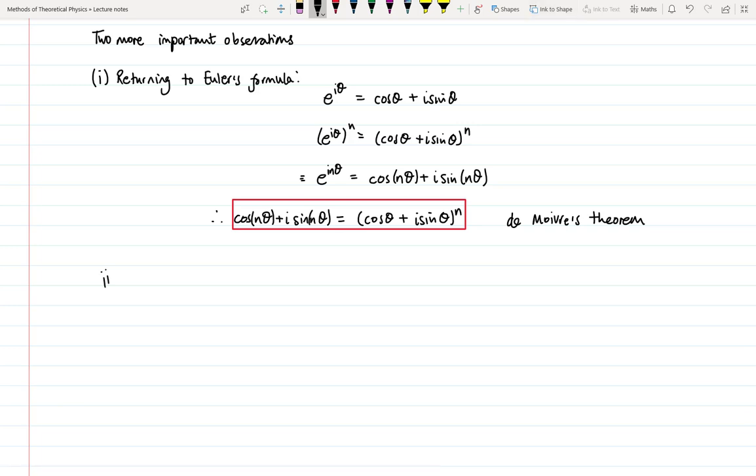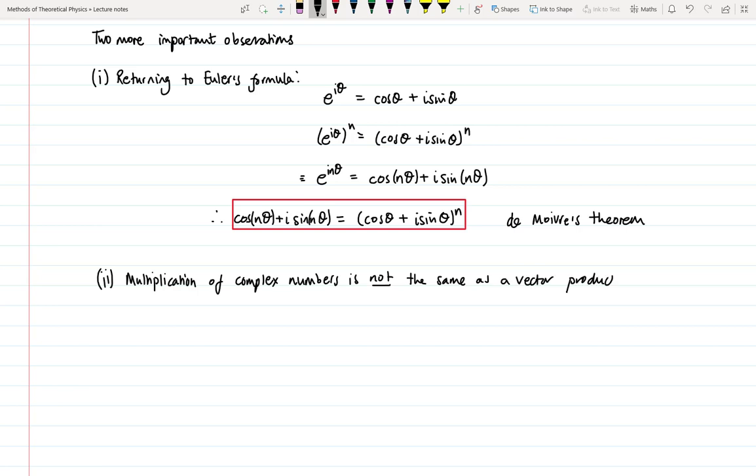The second important observation is that multiplication of complex numbers is not the same as a vector product.